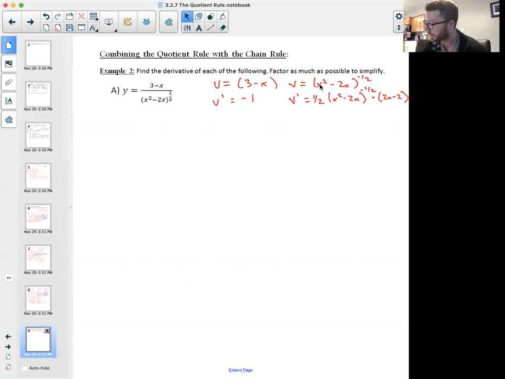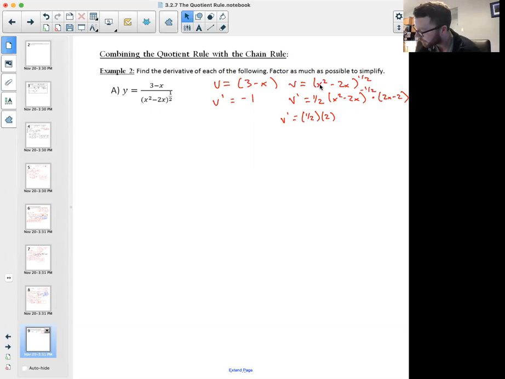Okay, so we can simplify this v prime like we have been doing. So let's put our whole numbers out front. So we have 1 over 2. We can also factor out a 2 from that second term.